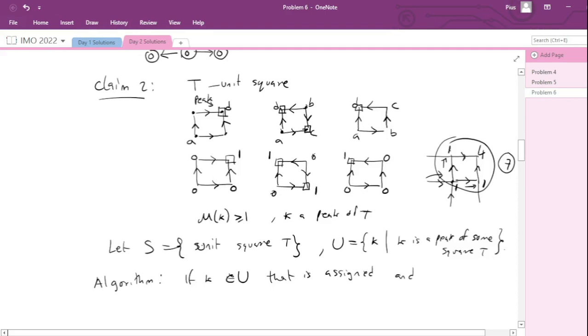And we have that k is let's say a peak of squares t1, t2 up to tm. If you look at t1, k is a peak of t1. If you look at t2, k is a peak of t2. So we list out all of them that are not yet assigned. Okay, and then simply we just assign, then we set.